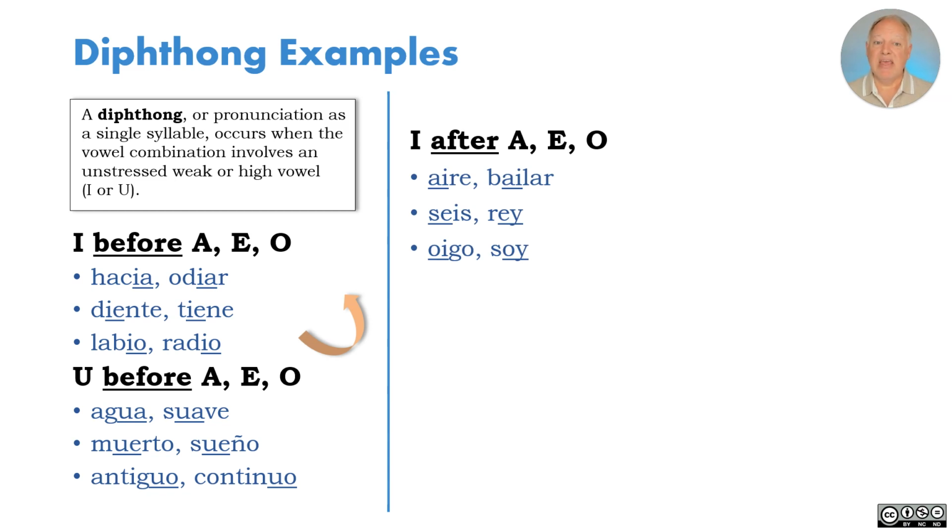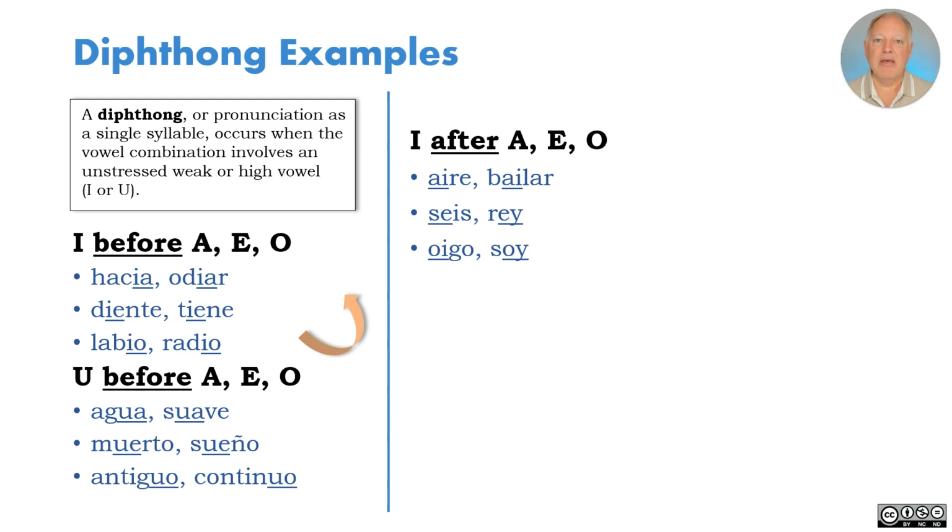All right, we could have i after a, o, e, in which case it's going to be what the linguists call a semi-vowel. The i is going to be the weaker vowel, so these are falling diphthongs. The first sound has more emphasis, and that i has less emphasis. Aire, aire. Bailar, bailar.